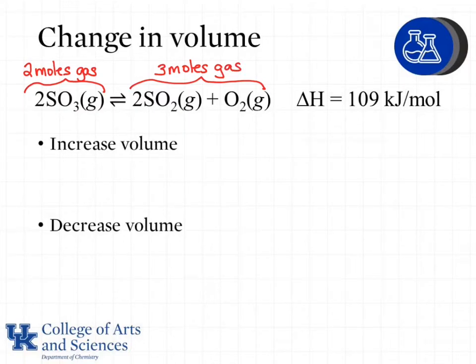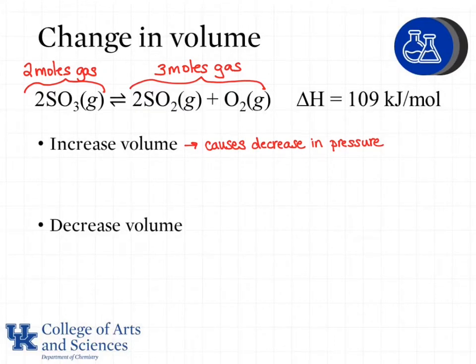When we look at an increase or decrease in volume, we have to consider the moles of gas on either the reactant or product side of the equation. When we increase the volume, we are causing a decrease in pressure because now the same amount of molecules are confined in a smaller space.